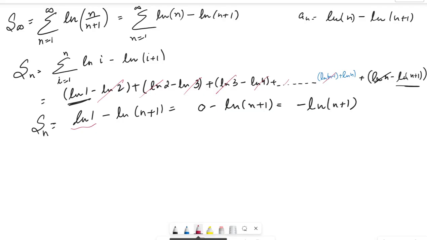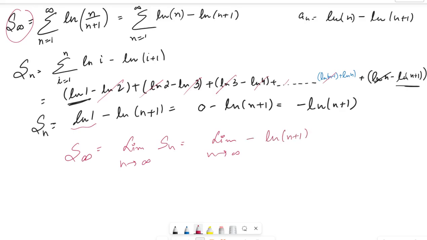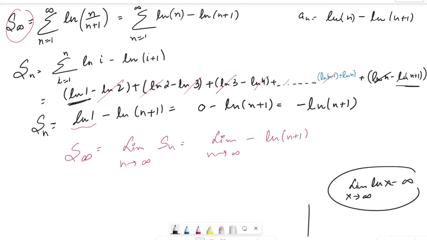We want to find S infinity. So S infinity is the limit as n approaches infinity of S_n. What is that? The limit as n approaches infinity of negative log of n+1. Do you guys remember what is the limit as x approaches infinity of log of x? That was infinity, because you remember the graph of log x goes like this.